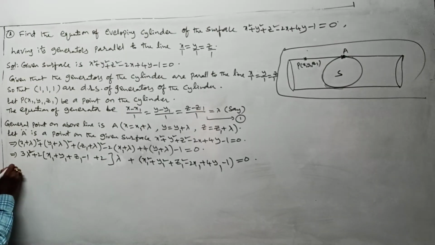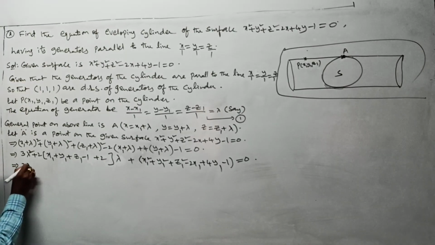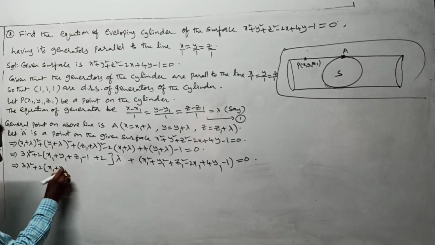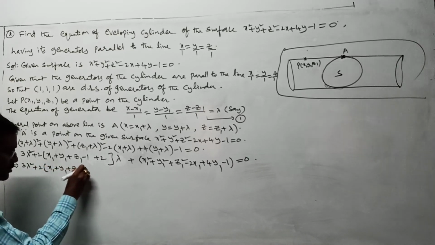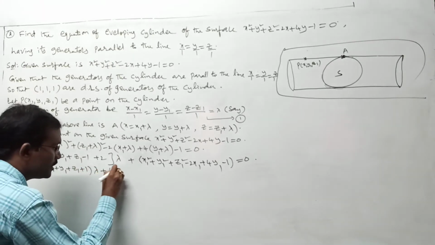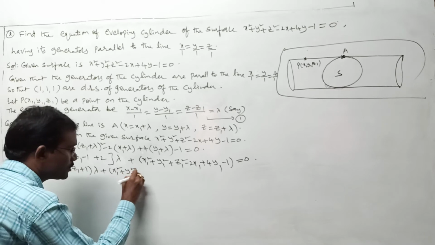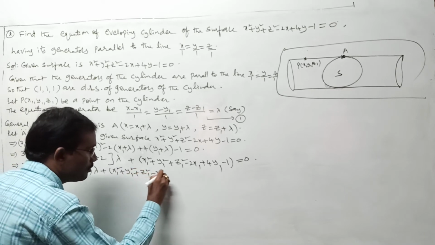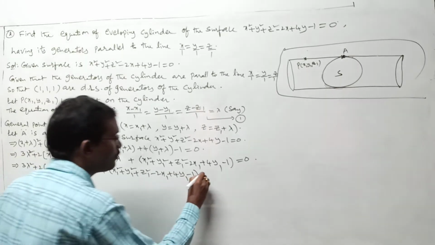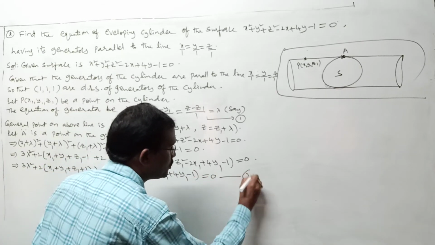I mean this you can write as 3 lambda square plus 2 into x1 plus y1 plus z1 plus 1 into lambda, plus the remaining terms you can write as it is, x1 square plus y1 square plus z1 square minus 2x1 plus 4y1 minus 1 equal to 0. Let it be number 2.